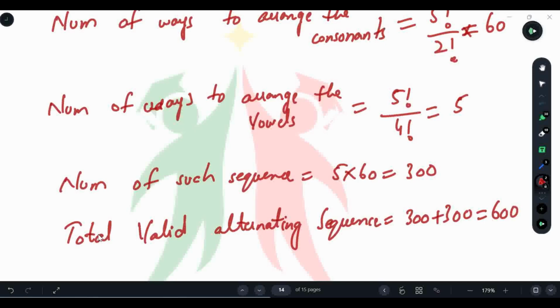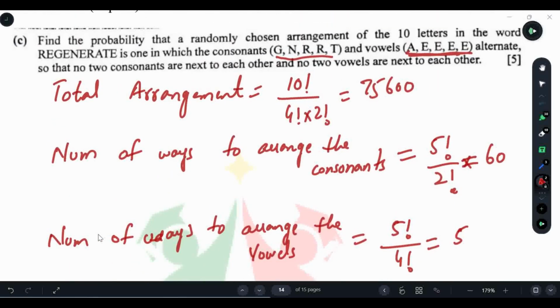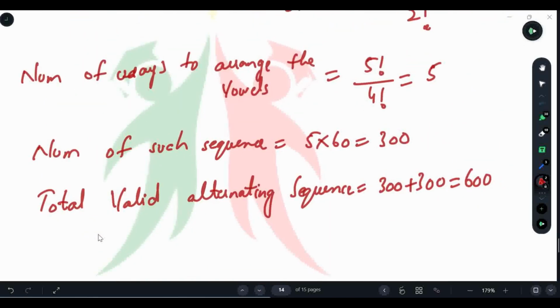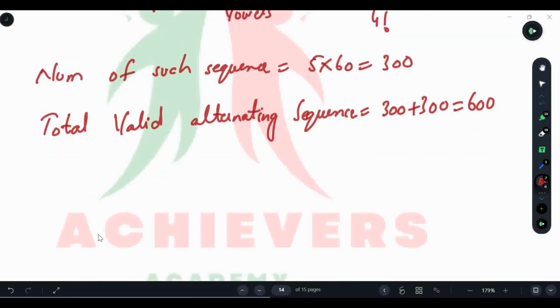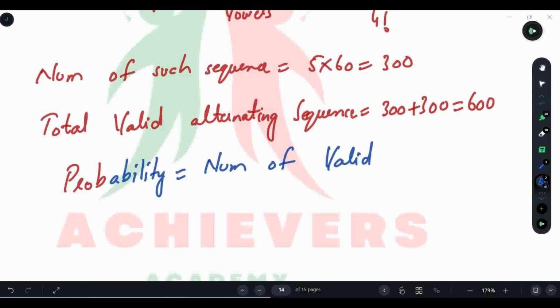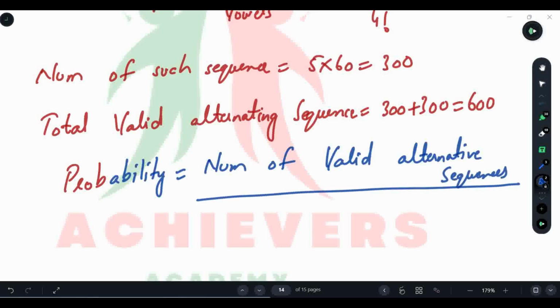Now we have to find the probability. In the question they ask for the probability, so we have just found the total number of arrangements. So the probability will be equal to the number of valid alternating sequences divided by the total arrangements.